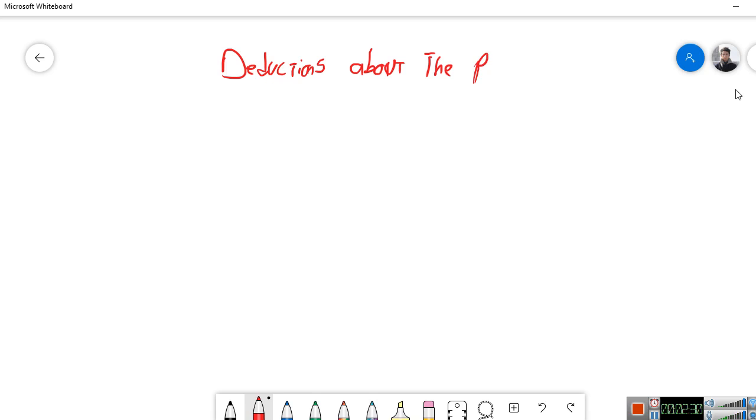This can also apply for deductions about the future, but I'm gonna mark it within a parenthesis because normally we use it with the tenses that we use for the present. So that is present tenses.